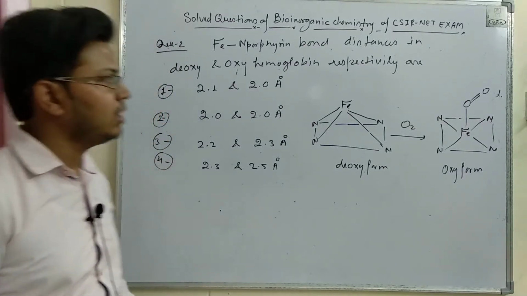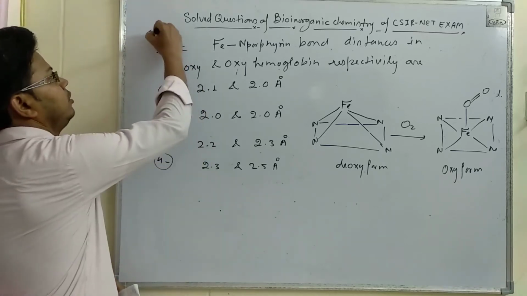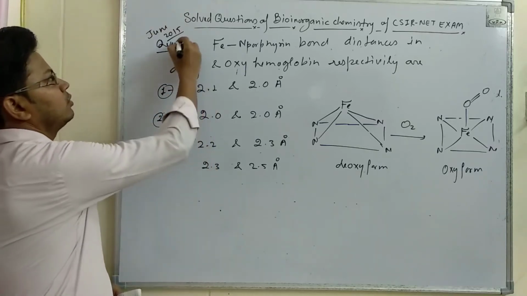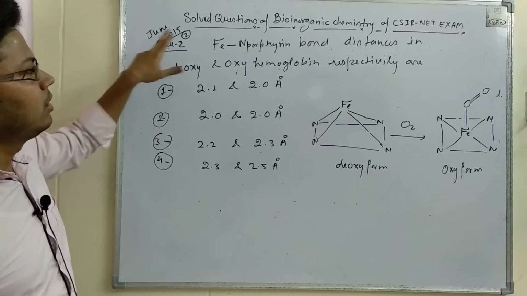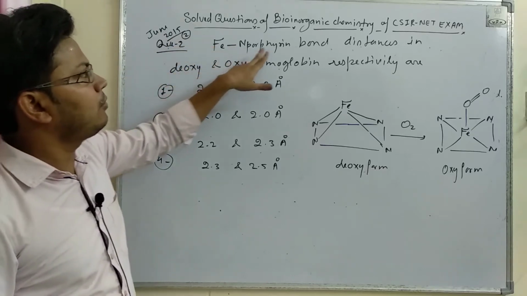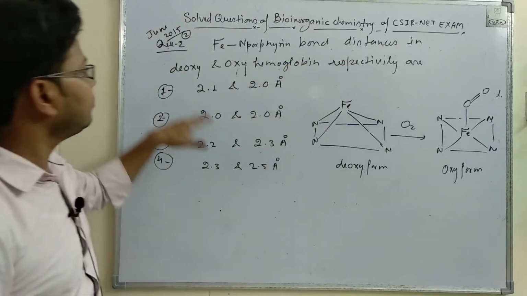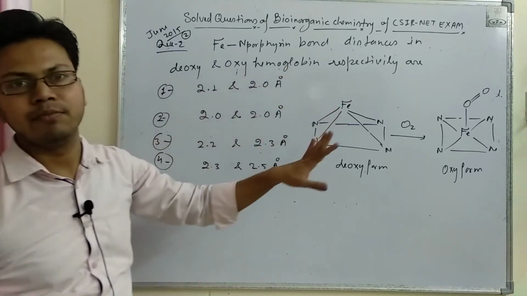Okay, in the June 2015, the 2 marks question is that the iron Fe and porphyrin bond distances in deoxy and oxyhemoglobin respectively are.